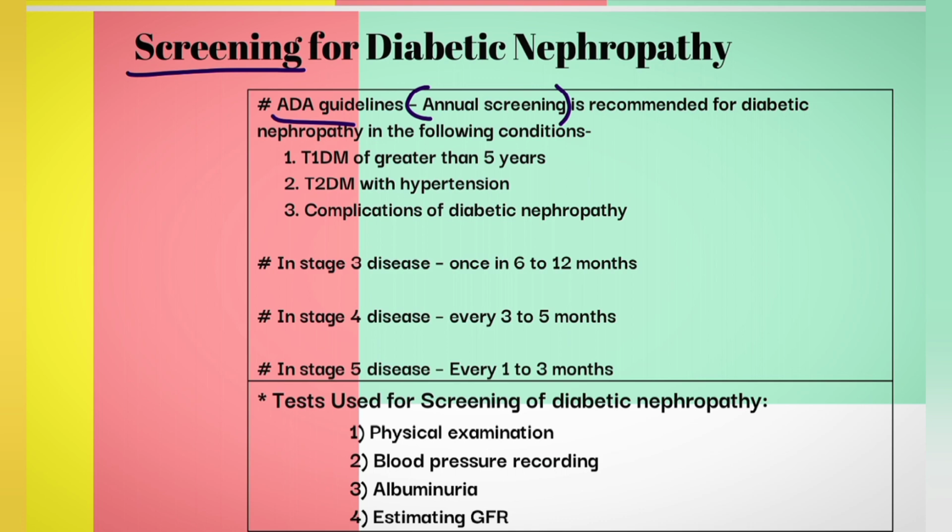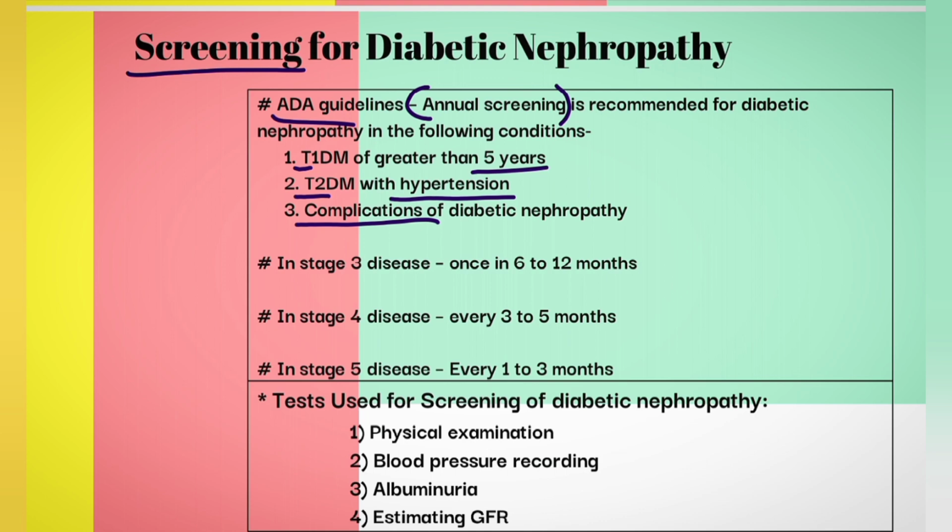Annual screening is recommended when the person has type 1 diabetes for more than 5 years. If any person has type 2 diabetes mellitus along with hypertension, then we will recommend annual screening. When a person has already developed complications of diabetic nephropathy, then annual screening should be considered.